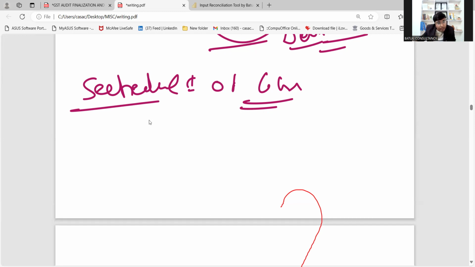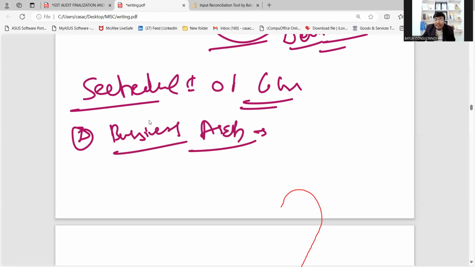And the first thing is that when you dispose of any business assets, in that case GST will be applicable.